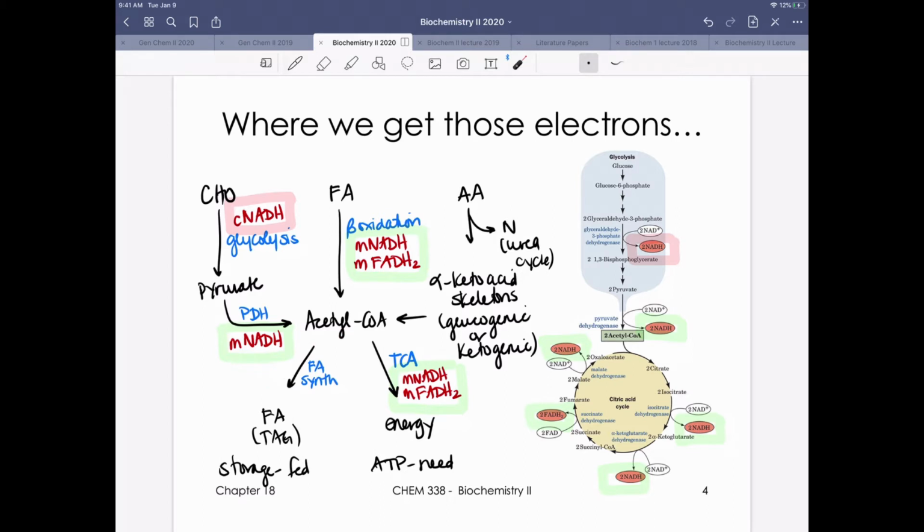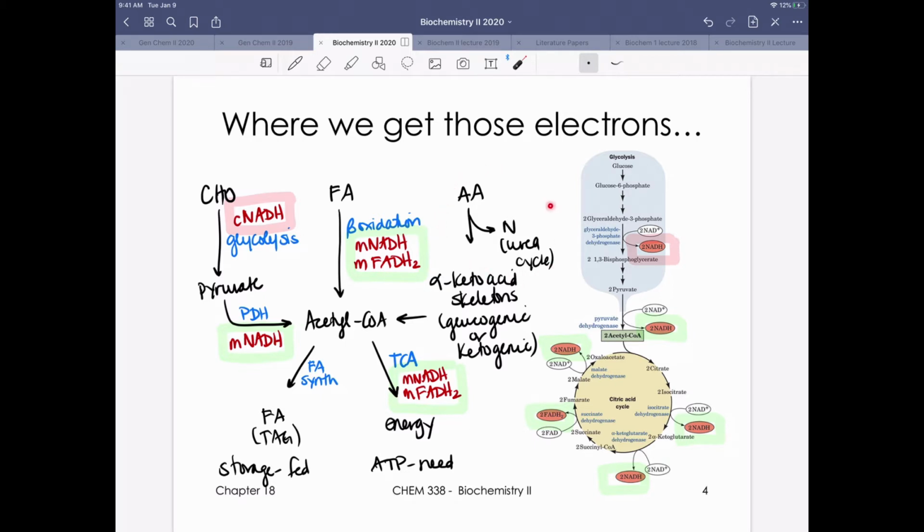That process is mitochondrial, so we're generating some mitochondrial NADH. We haven't talked about these processes yet, but we talked about them very generally at the end of Biochem 1. Fatty acids are metabolized to acetyl-CoA in a process called beta oxidation. That generates both NADH and FADH2 in the mitochondria, so we're going to have mitochondrial forms of those two reduced cofactors.